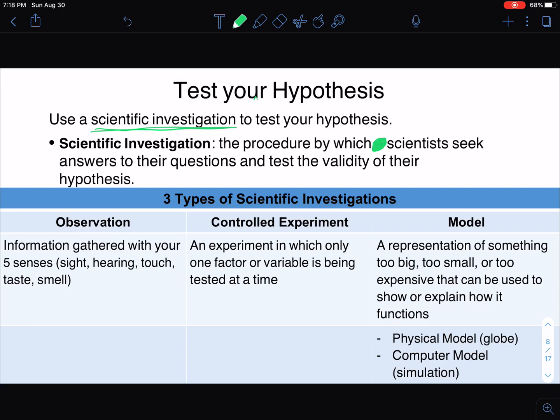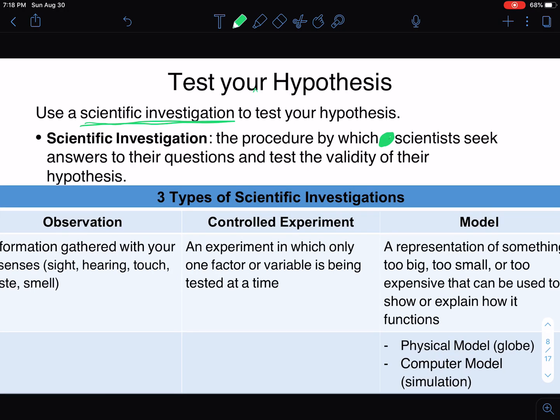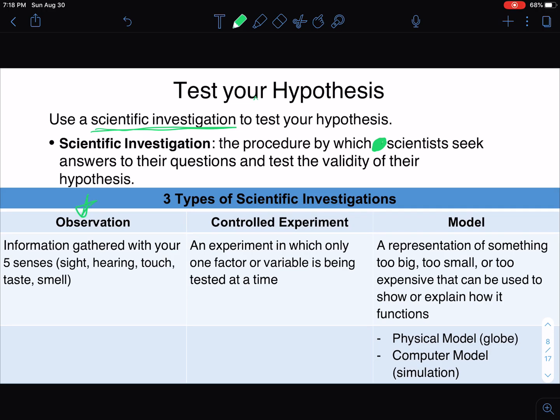And there were three broad types of scientific investigations. The first one we're looking at here is an observation. An observation is information gathered with your five senses: sight, hearing, touch, taste, smell. For example, if we go back to the question of what happens when you tip over a cup of water, you could use an observation to test your hypothesis of whatever you come up with would happen.